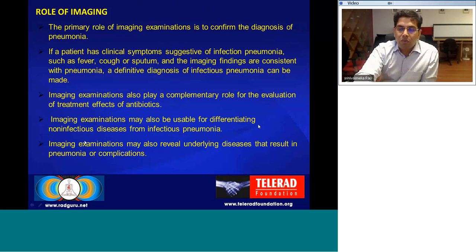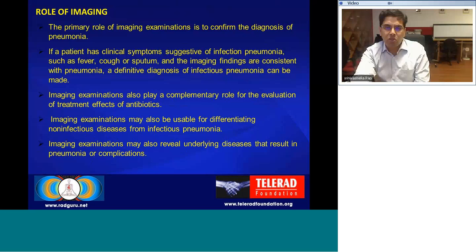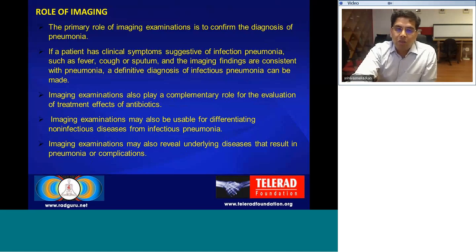CT, and probably less so chest radiograph, may also be used to differentiate the infectious from non-infectious causes of pneumonia. And many times the imaging can also reveal the underlying diseases that result in pneumonia, like say an endobronchial mass or a perihilar mass that causes consolidation, which can be identified in this imaging.